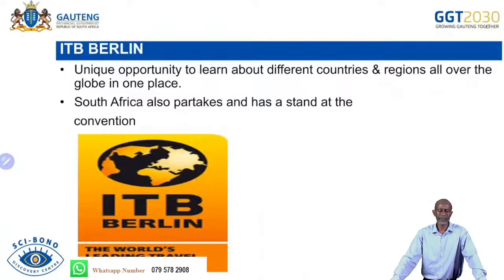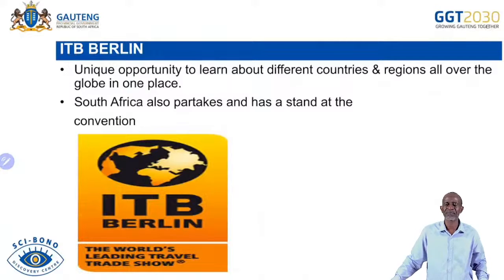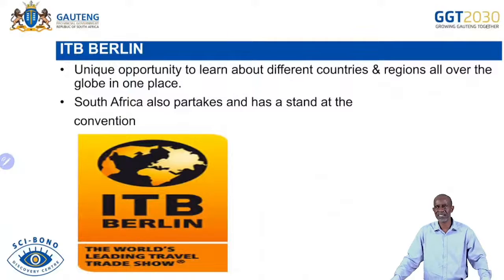ITB Berlin is a unique opportunity to learn about different countries and regions all over the globe in one place. So other than just mere marketing, we get to be exposed to how other countries are doing their thing, to how other countries attract tourists.